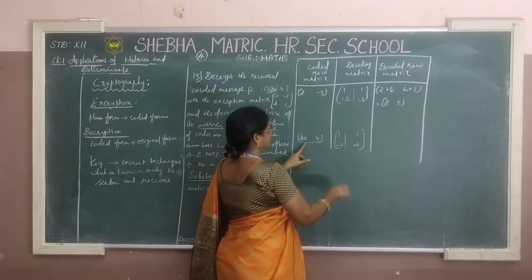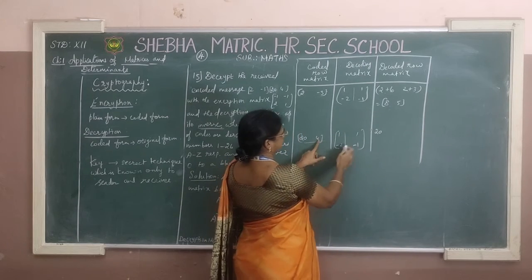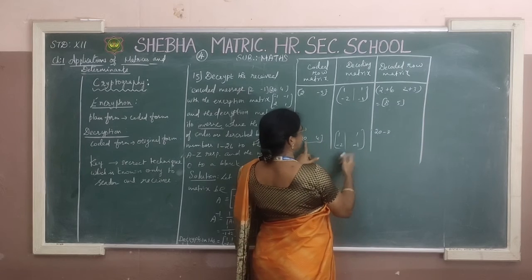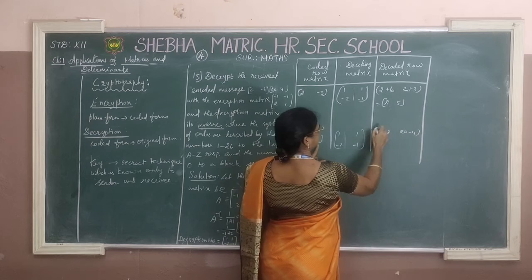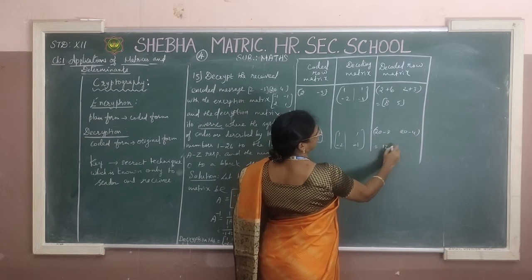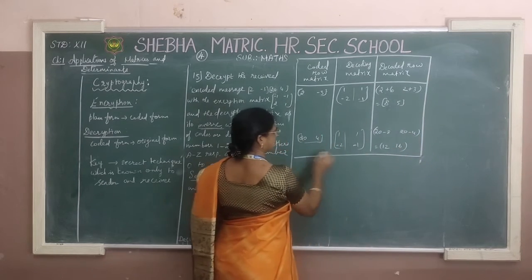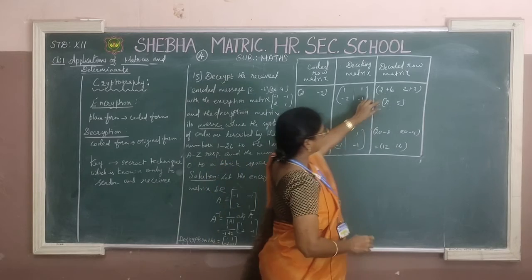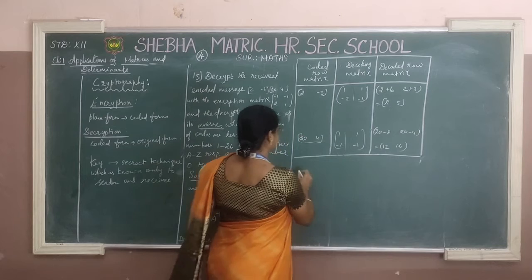Now multiply these two, we get 20 into 1 is 20, minus 8, and then next 20 into 1 is 20, minus 4. So, after subtraction we get 12 and here 16. So, these two are the sequence of decoded row matrices.